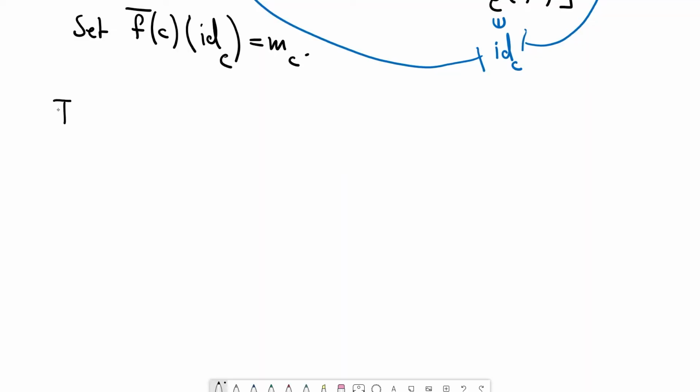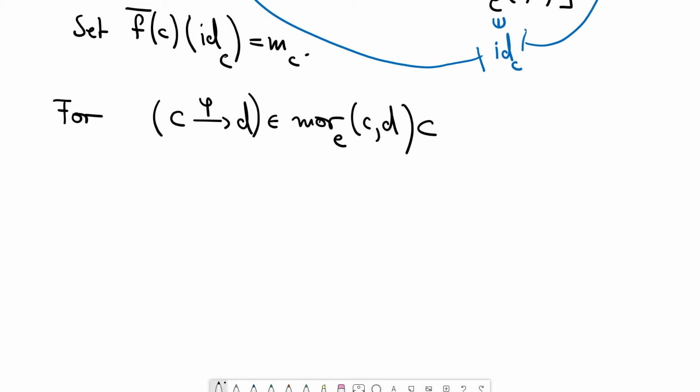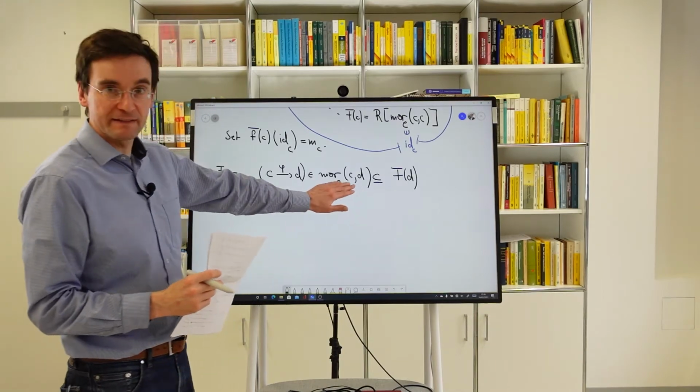So for that, we need to say, let me think. Right. So if you have any map to an object D, C is our fixed object, so as an element in the morphisms from C to D, and this I view as an element in FD, remember, free abelian group over this set.